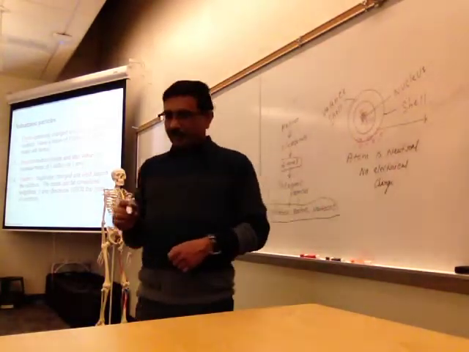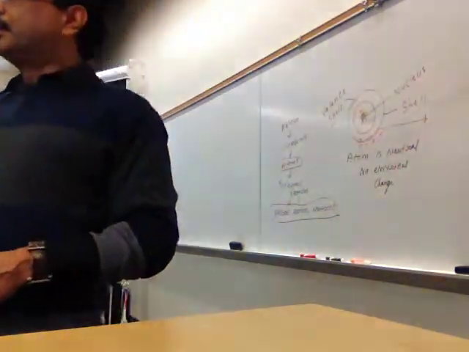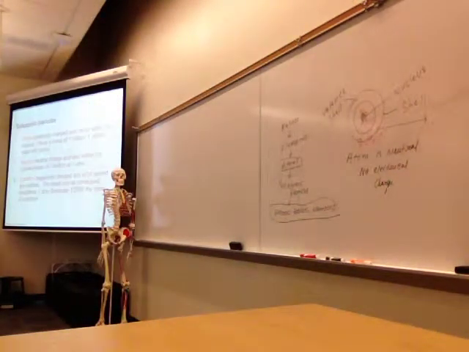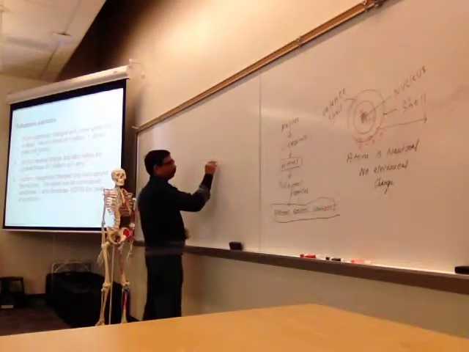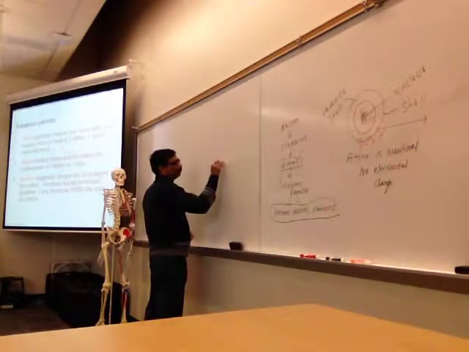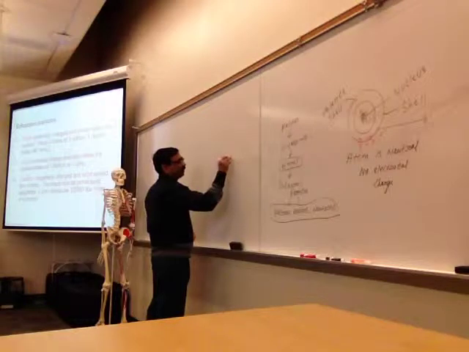Okay. Now, the number of protons inside the atom is called the atomic number. So atomic number is the number of what? Good.